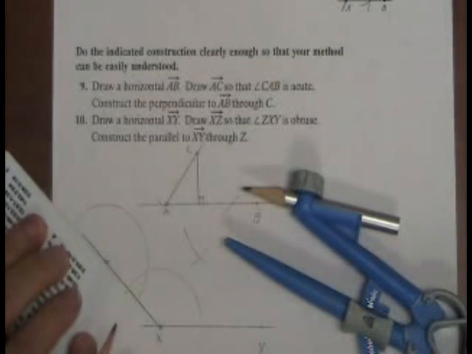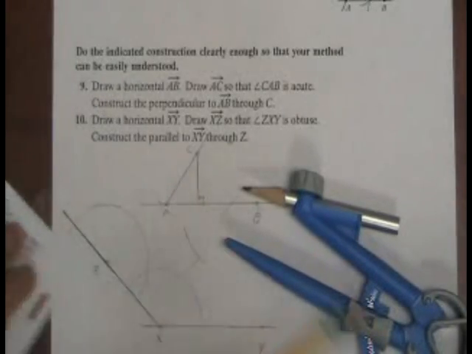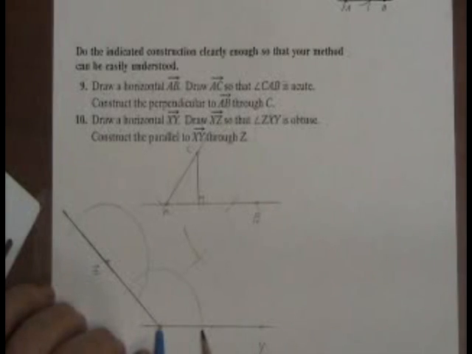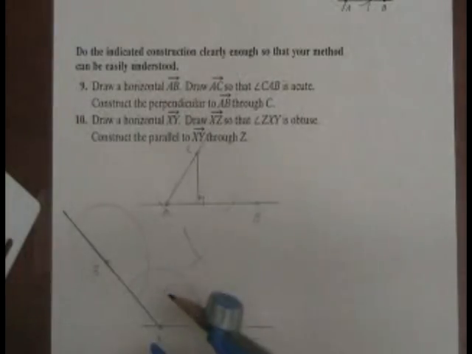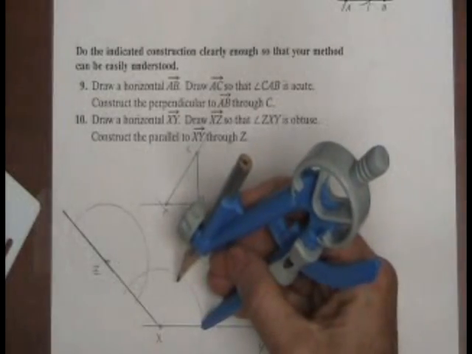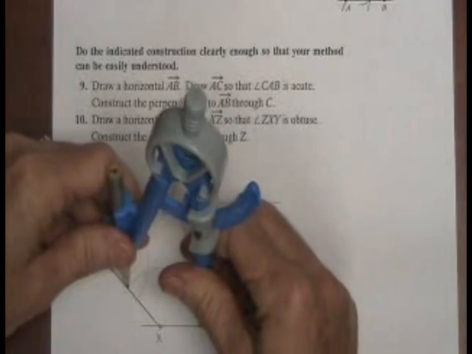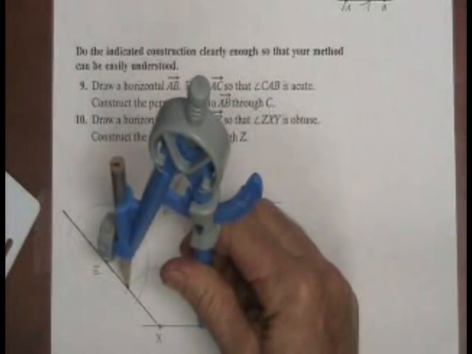Okay, now then, I think I better extend this just a little bit. I hope I haven't got this too close to the edge of the paper, but I think we'll be all right. Now then, what I know is that at this distance from the vertex, I can measure how wide this angle is. So I'm going to do that. I'm going to come over here, I'm going to say, all right, at that distance, how far away is that angle? By gollies, I'm good. Look at that. That's how far that angle is.